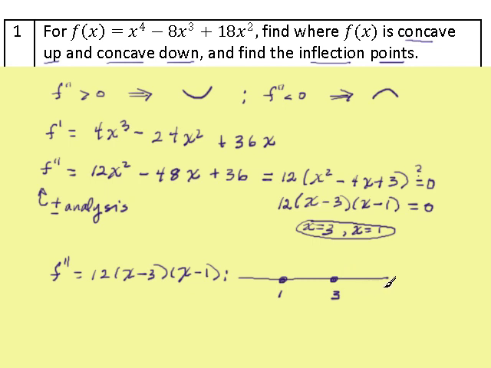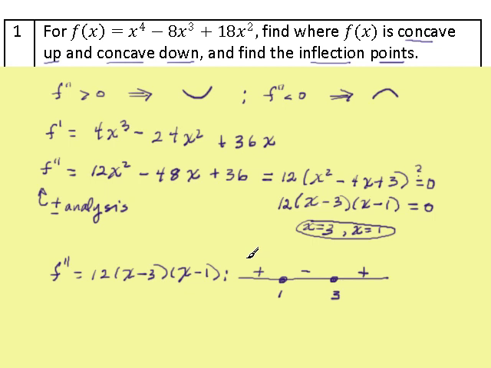Okay, if we substitute in a 4, which is in this interval, everything is positive. If we substitute in a 2, let's say, then this is negative and this is positive, so f double prime would be negative here. If we substitute in 0, both factors are negative, so f double prime would be positive. Two negatives, that would be positive.